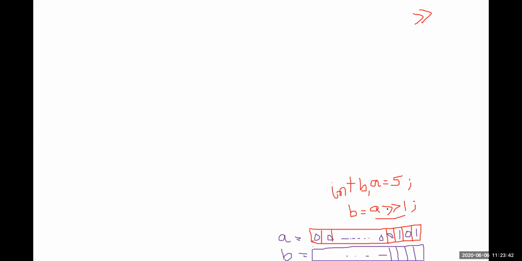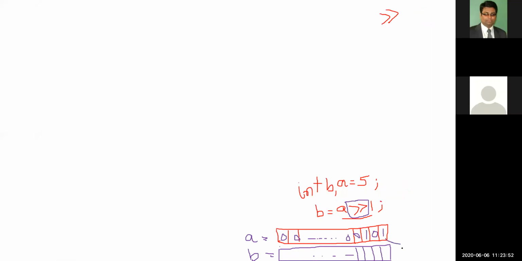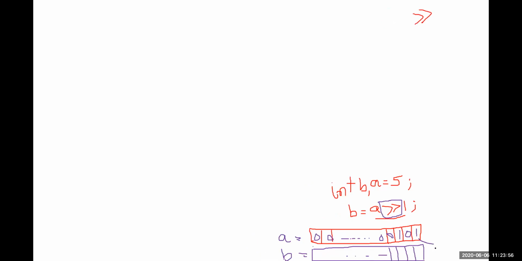When we consider the right shift, this bit will be discarded. This bit will be out of the range of your variable. So this will go off, and this bit will be stored here, this bit will be stored here, this will be stored here, and so on and so forth.